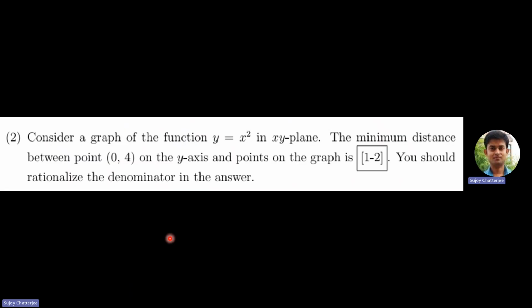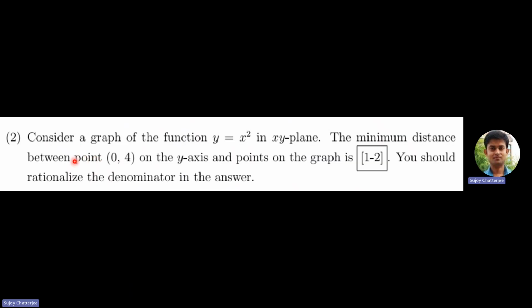Consider a graph of the function y equals x square in the xy plane. The minimum distance between the point 0, 4 on the y-axis and points on the graph, that means this graph y equals x square, is dash. You should rationalize the denominator in the answer. That is the secondary thing.